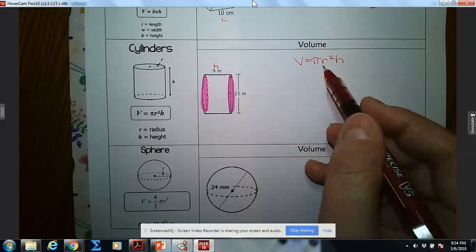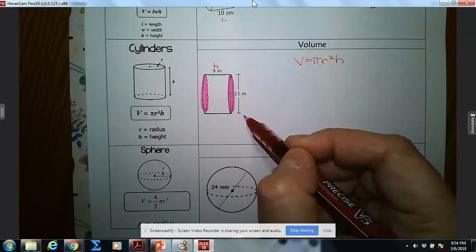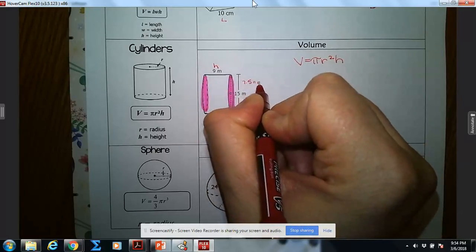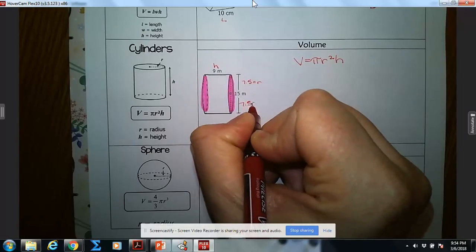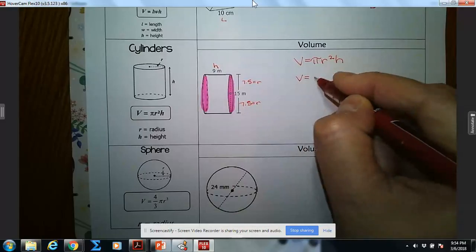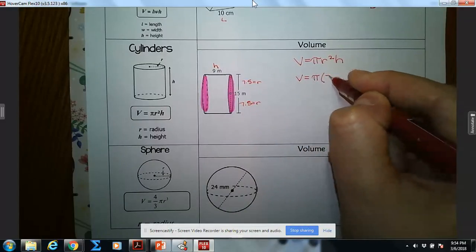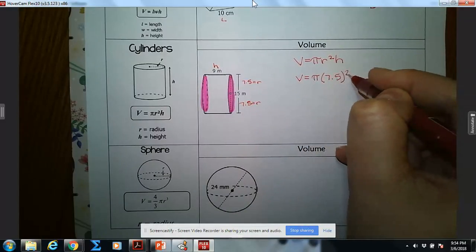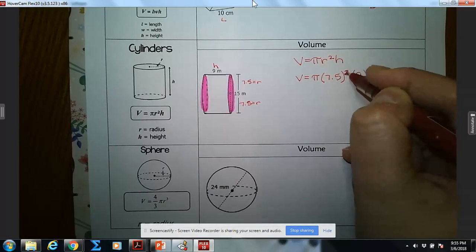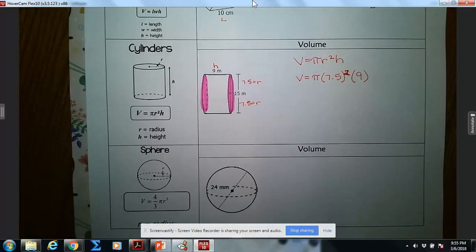Now I only want the radius, so I don't want 15. I want half of 15, which is 7.5. We cut it in half. So our volume is equal to pi times the radius, 7.5 squared, times the height of 9. Now, just like with surface area, you might need to come up with an exact volume as well as a rounded volume.